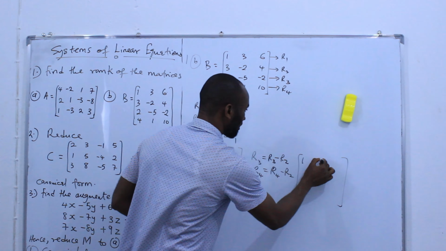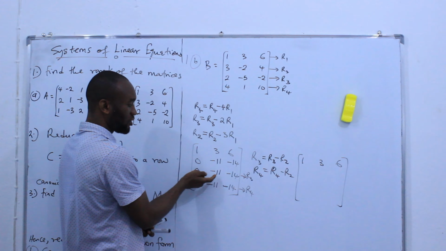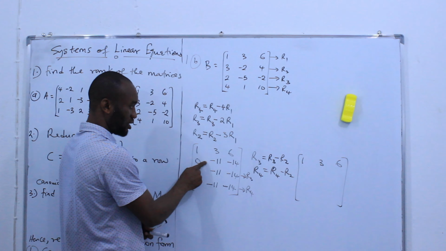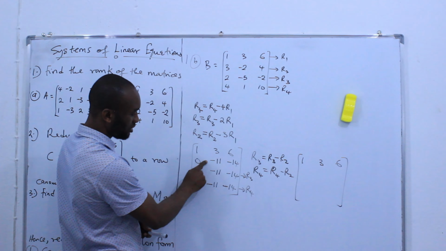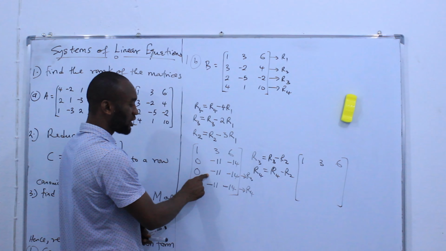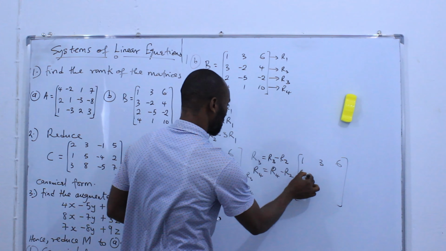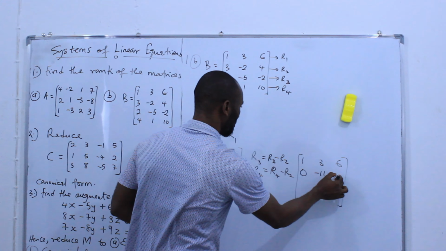First of all, we have 1, 3, 6. Secondly, when this R2 is subtracted from R3, we have, this here is already 0, minus 11, minus 14.